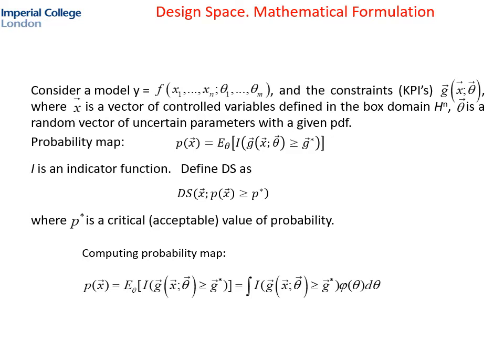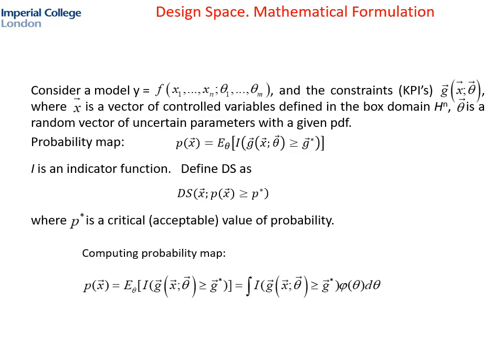such that probability as a function of vector x is an expectation with respect to theta of an indicator function I, with argument that vector of constraints g is larger or equal than a critical threshold g star.